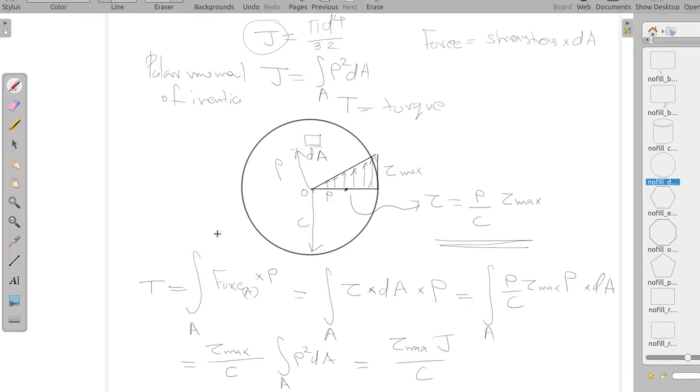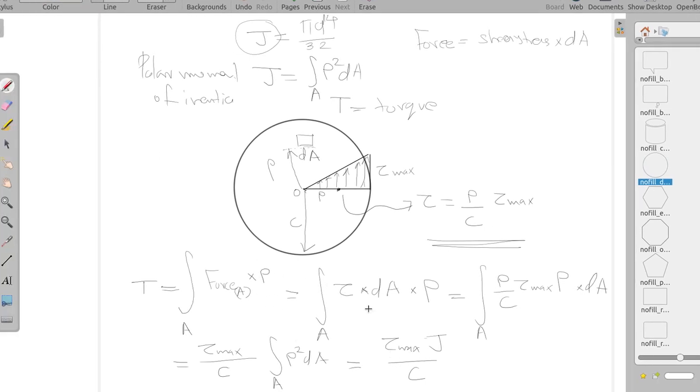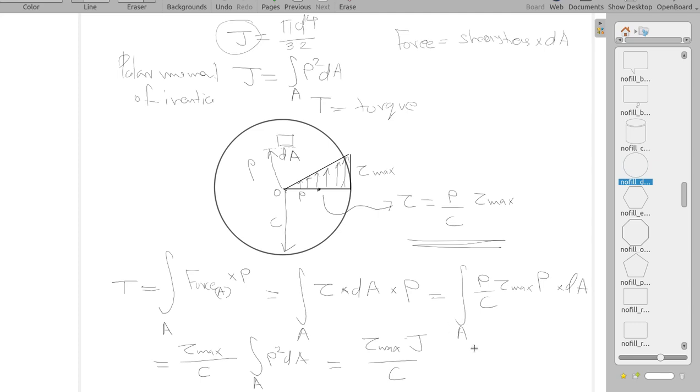This formula we have come up with. The quantity that we are usually looking for is tau max, the maximum shear stress. The maximum shear stress a material can withstand is usually the limiting parameter that designers look for. So we will write the equation in terms of tau max.